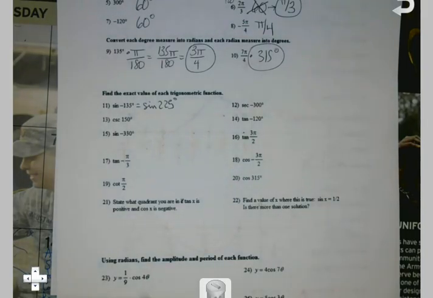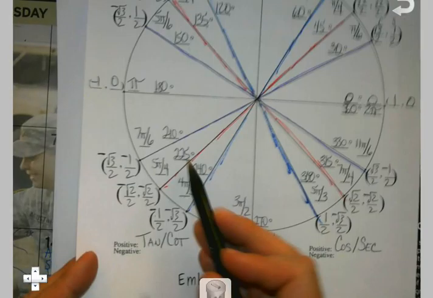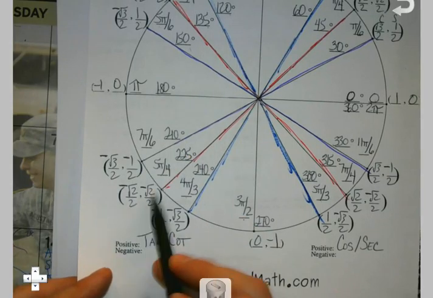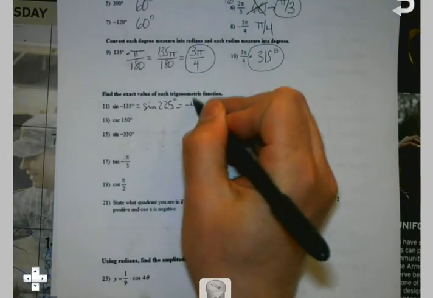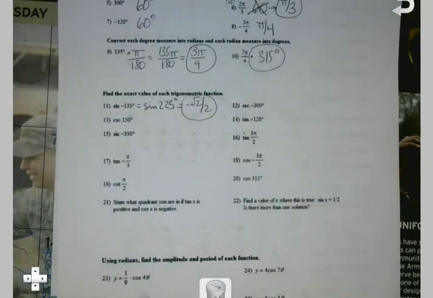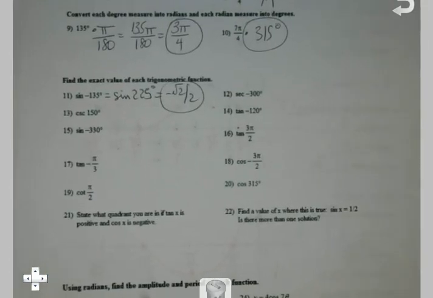And the exact value of the sine of 225 degrees, if you did your unit circle right, is negative square root of 2 over 2. I'm going to zoom back in a little because that's really tiny now. And that's going to work on all of these.